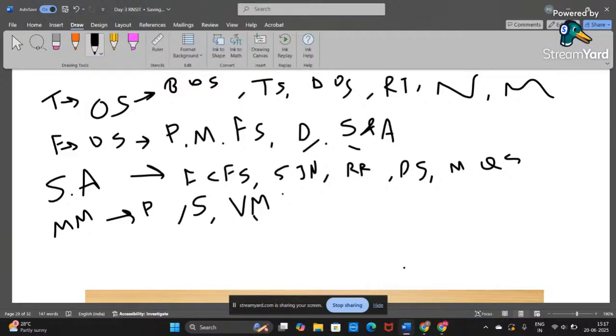After that, we have seen about deadlock. Yes, we have seen what is deadlock.